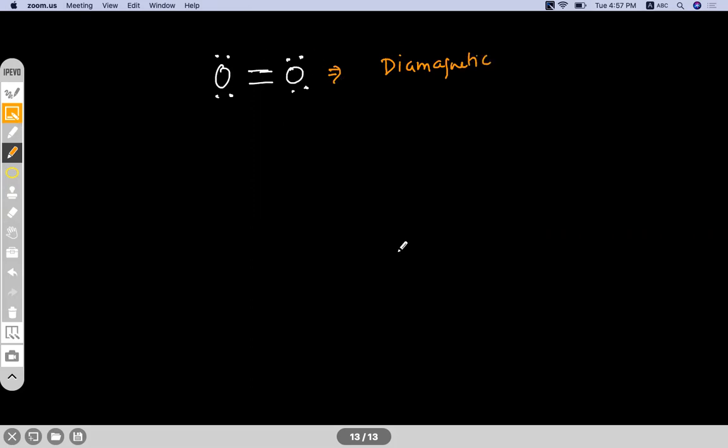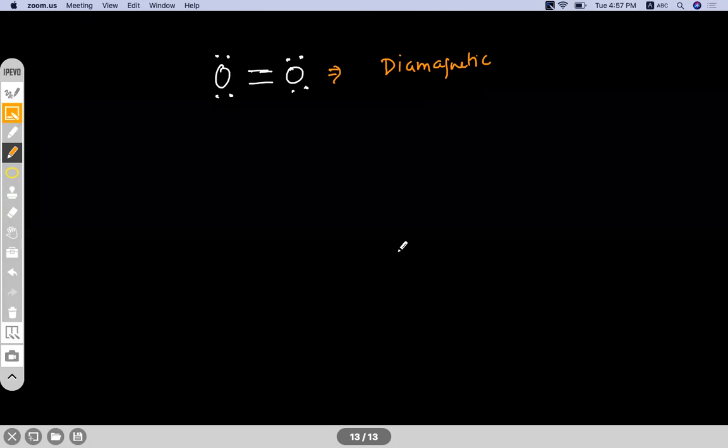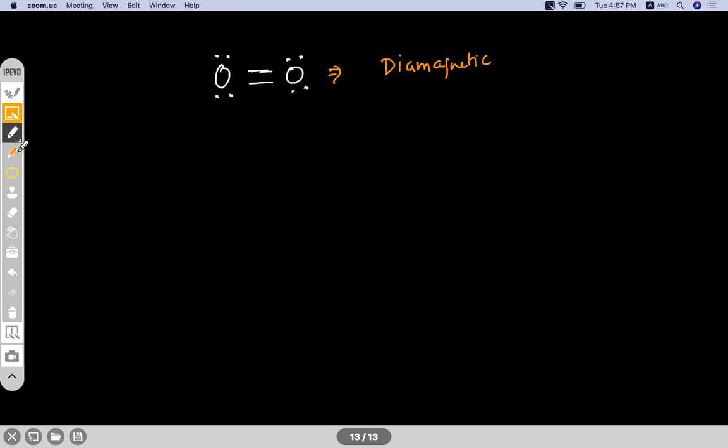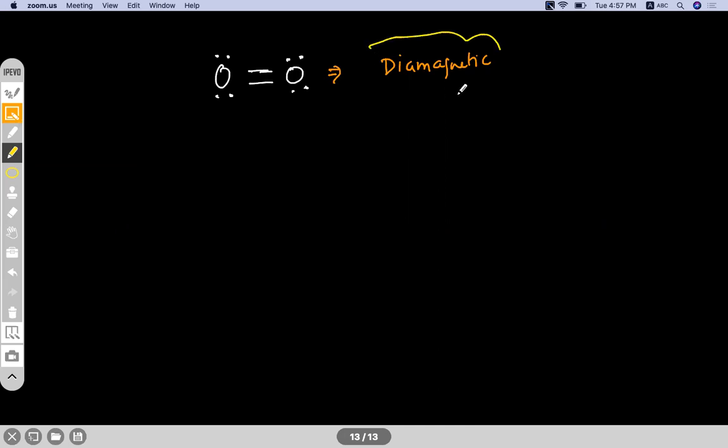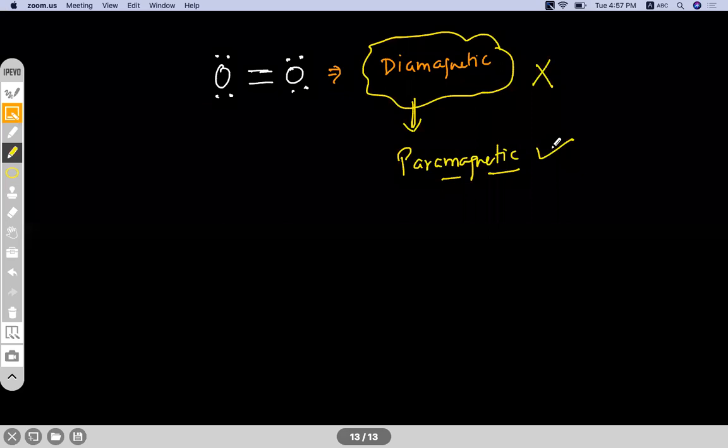When all electrons are paired, the molecule is said to be diamagnetic, right? But experimentally, this observation was wrong. Experimentally it has been observed that the oxygen molecule is paramagnetic. So this thing was found out to be wrong. It's not correct. Actual thing is that the oxygen molecule is paramagnetic in nature. This is correct.